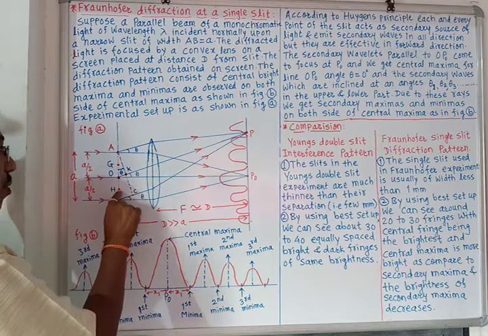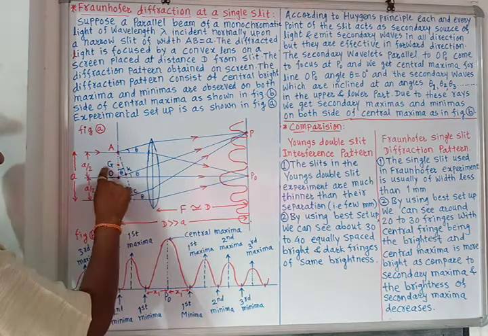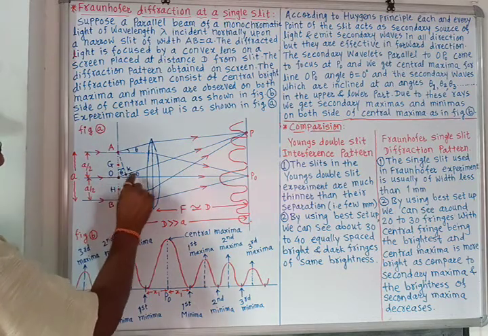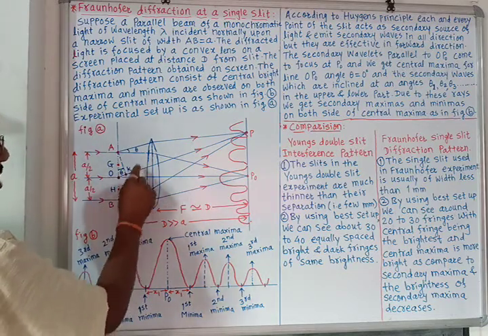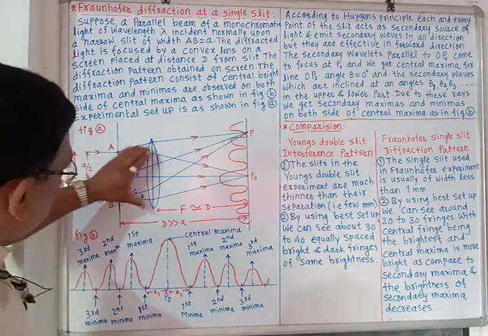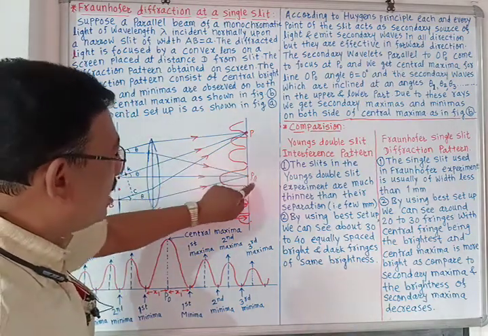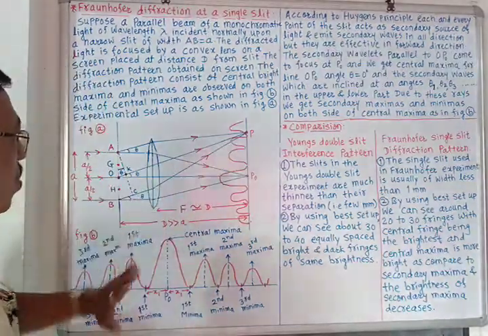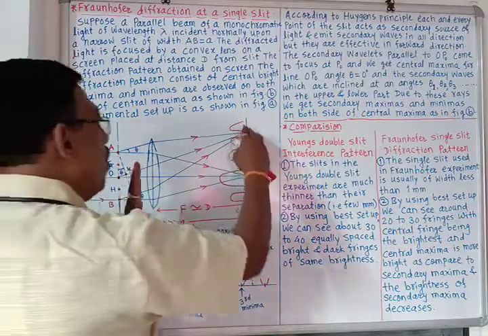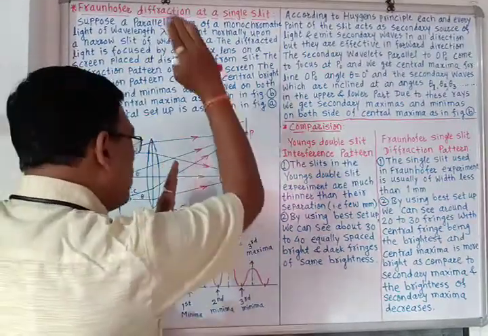Here distance to midpoint H, here distance to midpoint G, and K is the midpoint of AC, and these angles are the same. This one is also theta. For these rays which converge at point P0, theta is equal to 0. But some rays are incident on the lens to form another maxima and minimas.